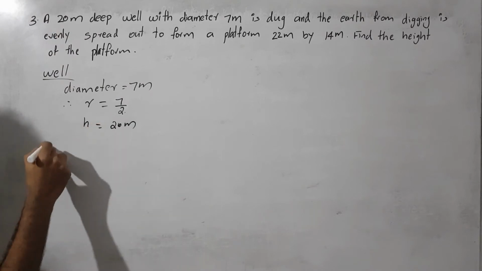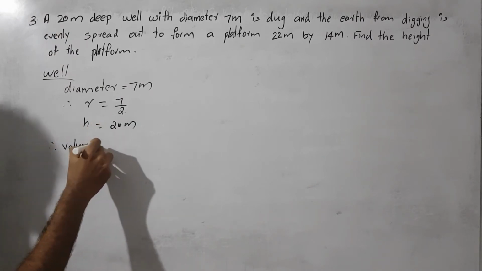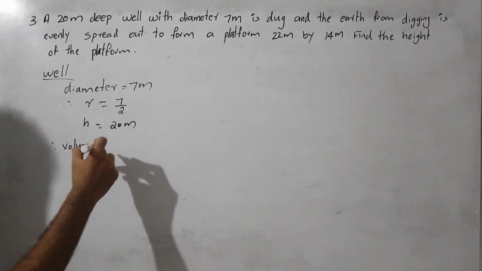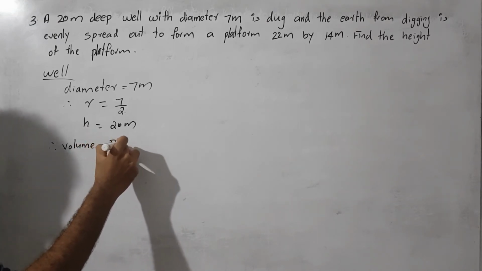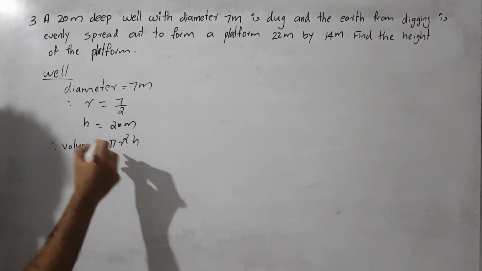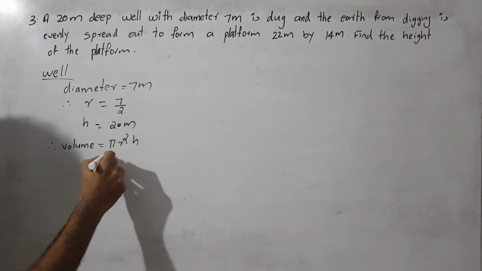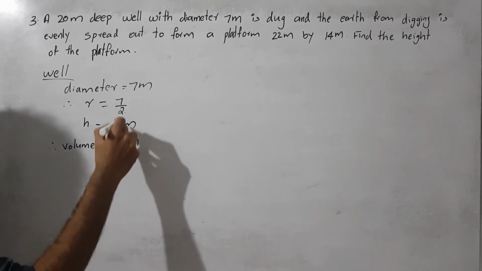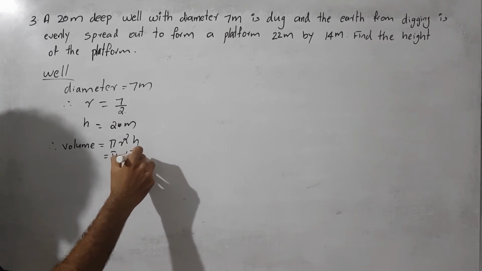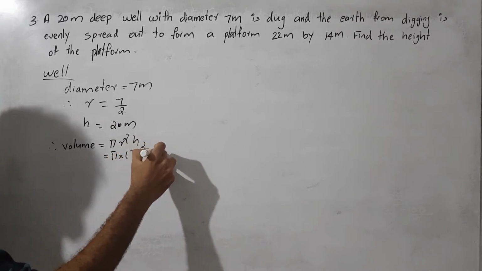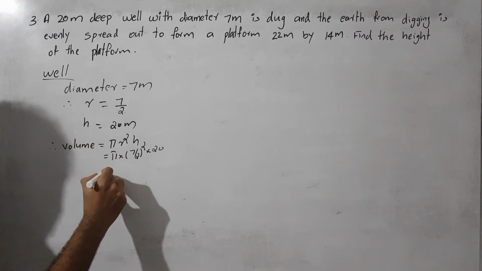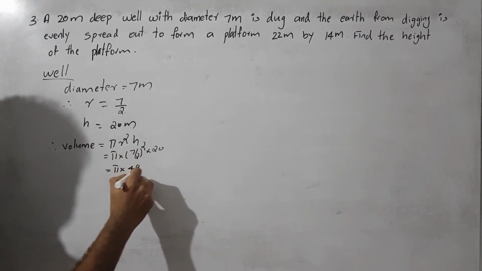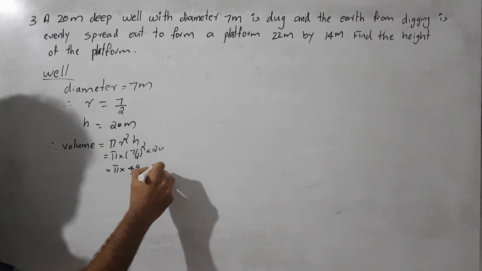20 meter. Therefore volume is equal to, what is the equation of the volume of the well? The volume is pi r square h. After we substitute the values, at the last we substitute the value of pi: pi into (7 by 2) whole square into 20. Then equal to pi into 49 by 4 into 20.